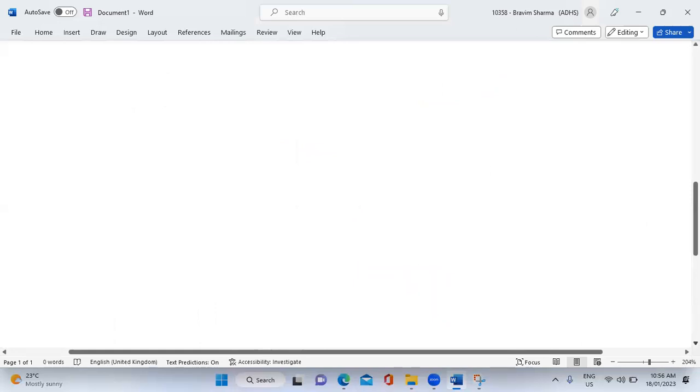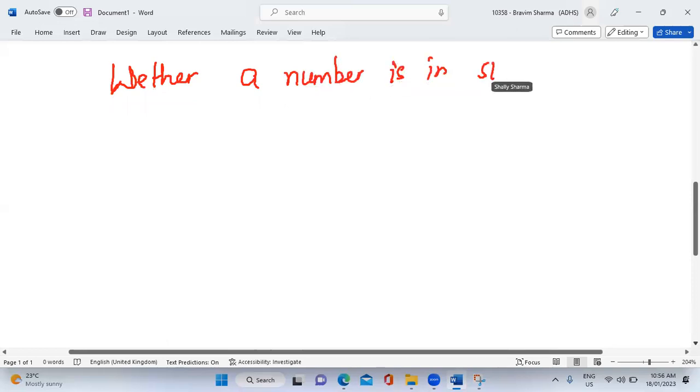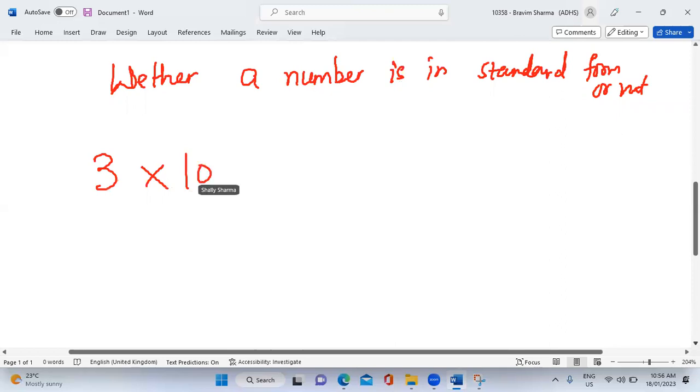In this video, I have explained the meaning. Now we will be focusing on checking whether a number is represented in standard form or not. So the first number is 3 times 10 to the power of 4.